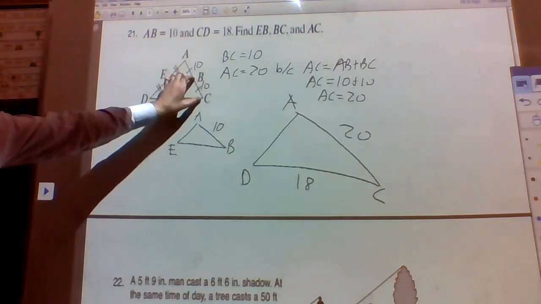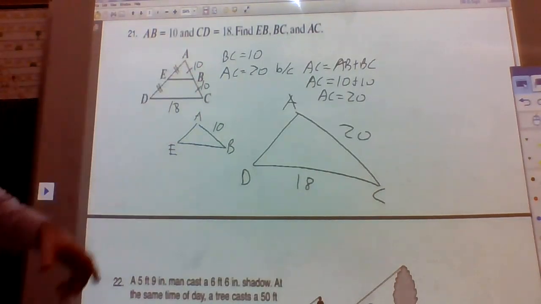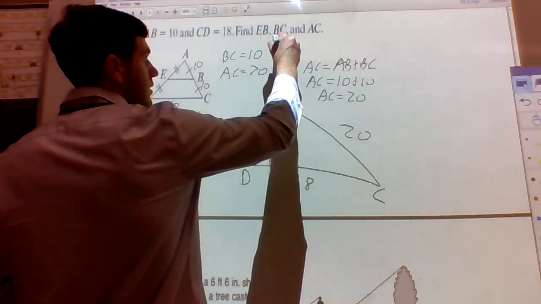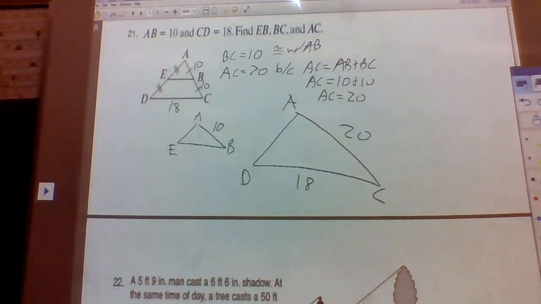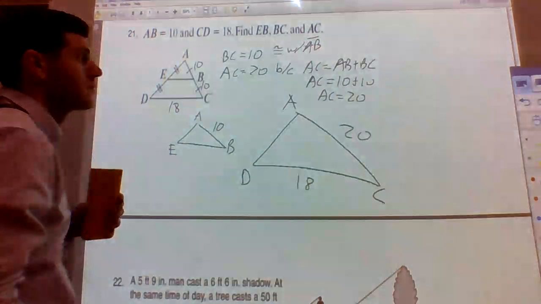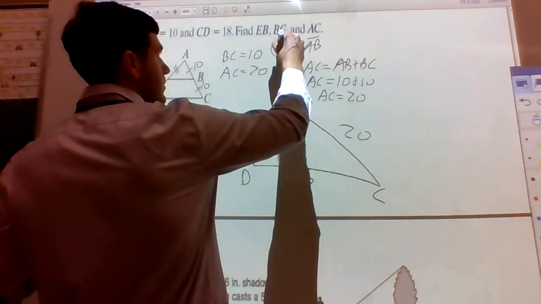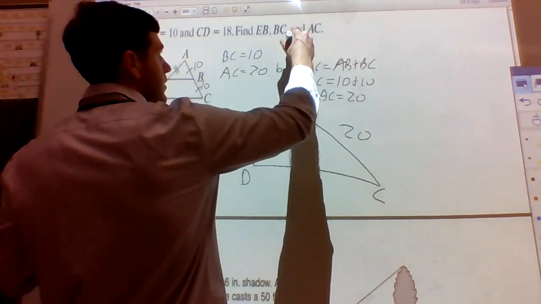We knew BC was 10 because these are congruent with AB.